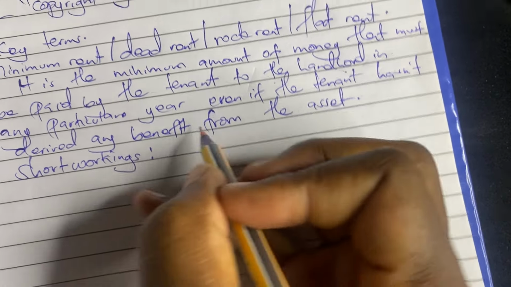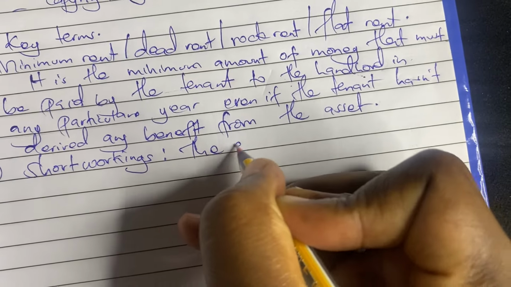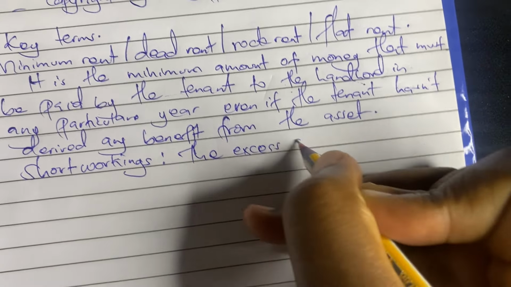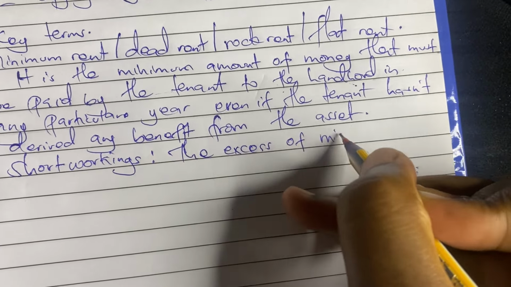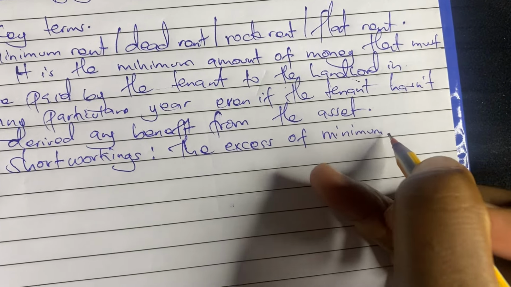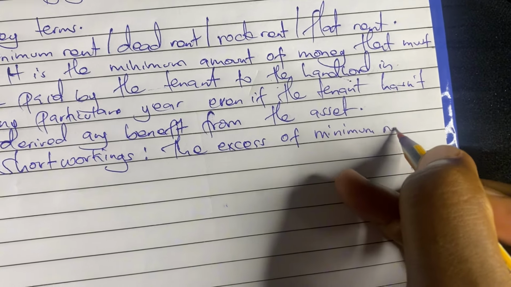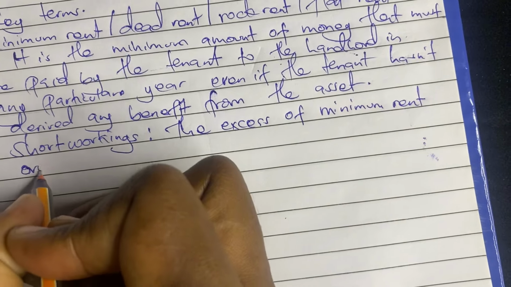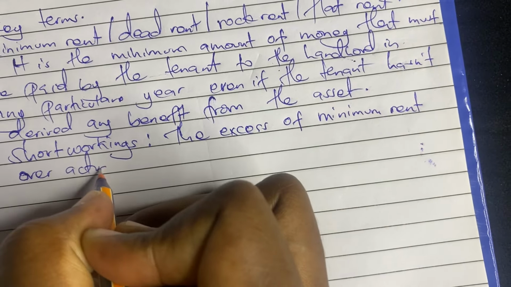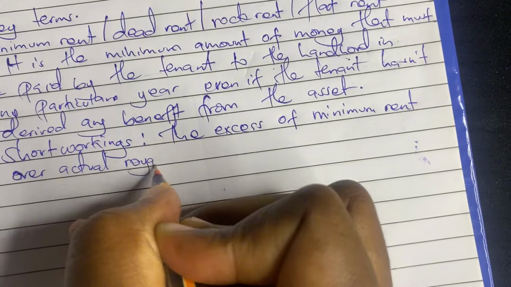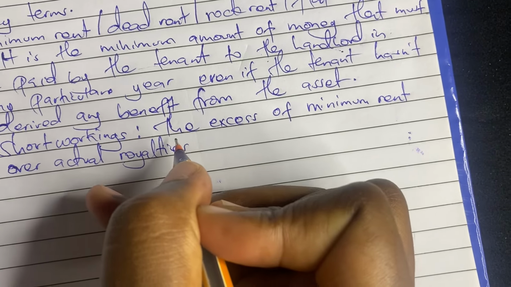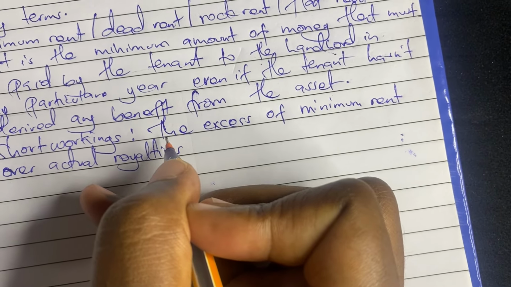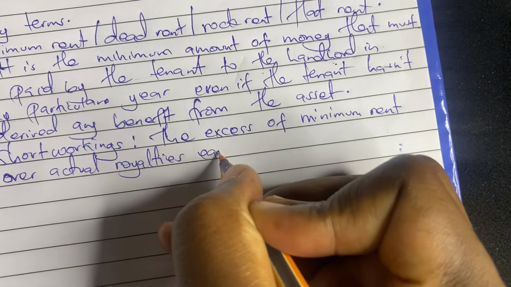Short workings is the excess of minimum rent over actual royalties earned by the landlord.